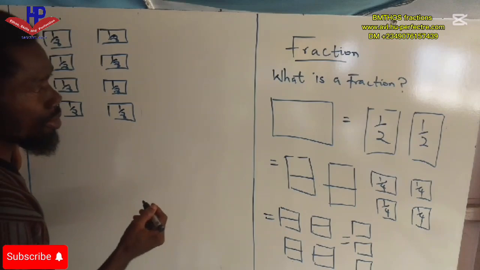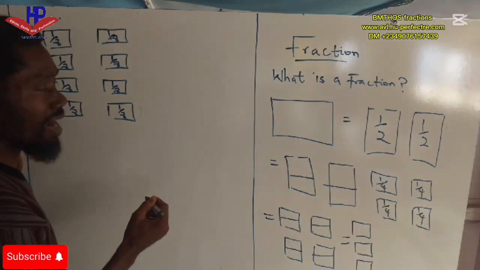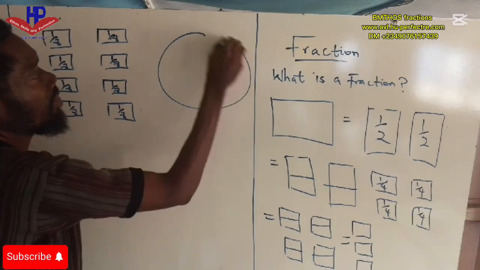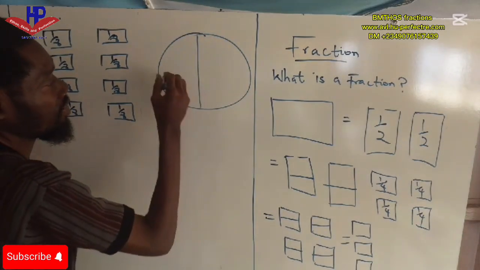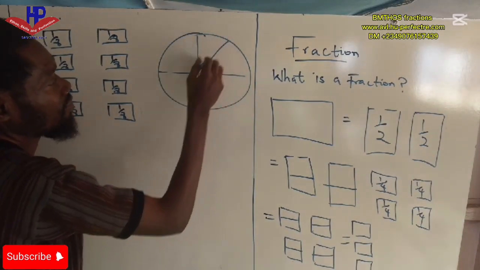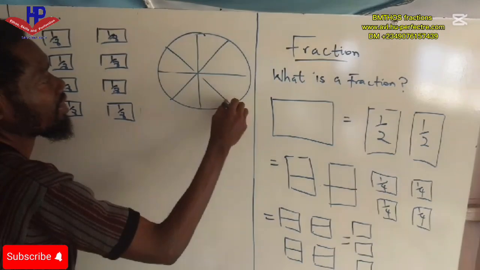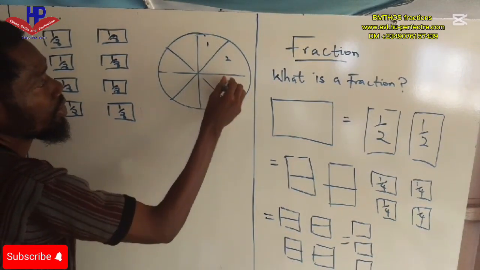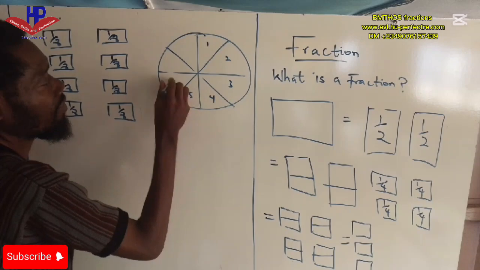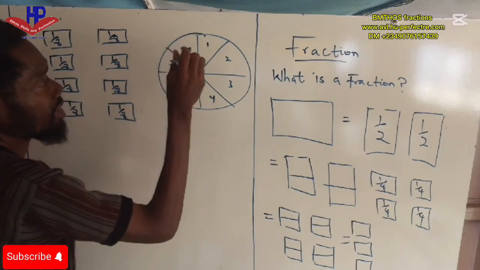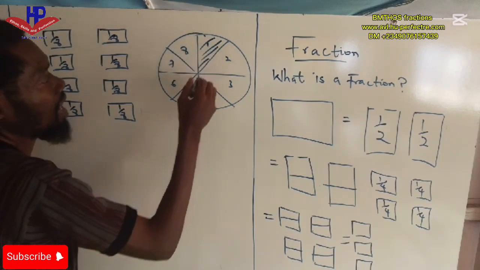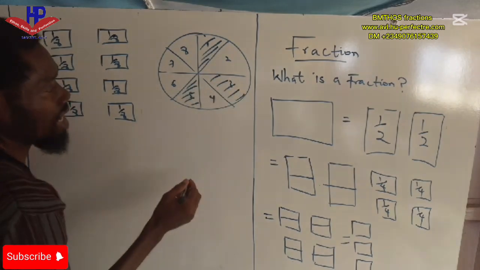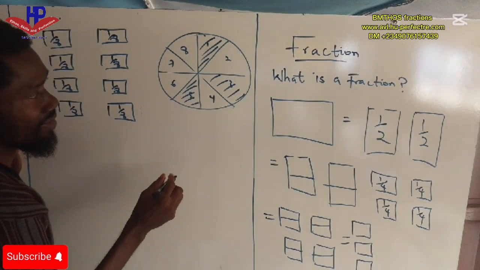Sometimes you may be given a shape and asked to write the colored part as a fraction. For example, you have a circle. How many parts do we have there? 1, 2, 3, 4, 5, 6, 7, 8. And some parts were colored, and you are asked to write the fraction of the colored part.